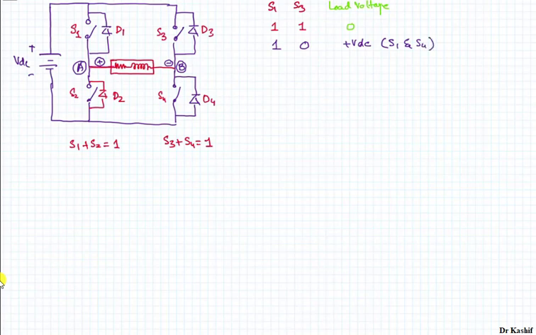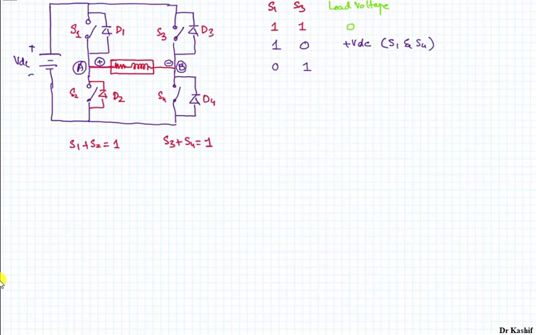Okay, so if I say the state 0 1, that means switch S1 is in the off state and S3 is in the on state. And if S3 is in the on state, your switch S4 cannot be on, it will be in the off state.